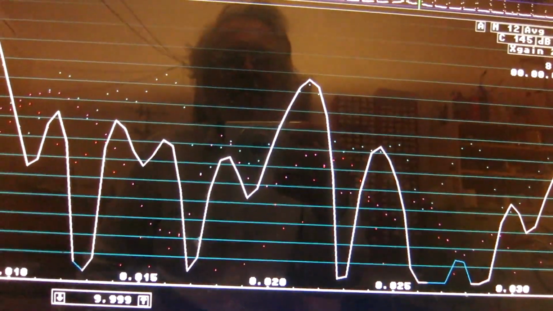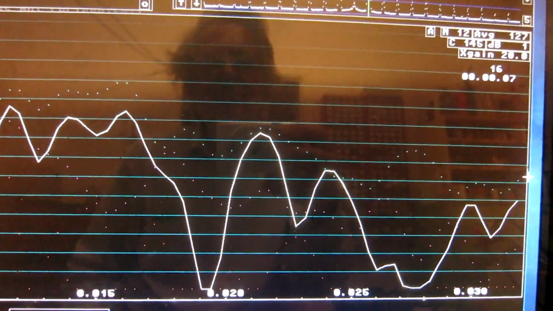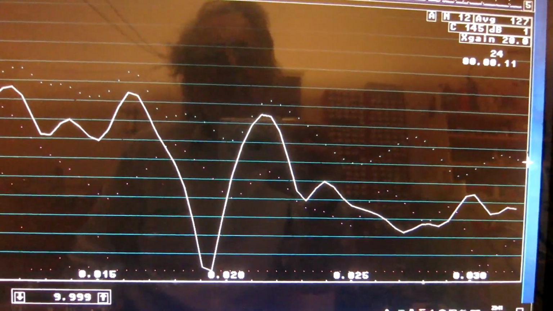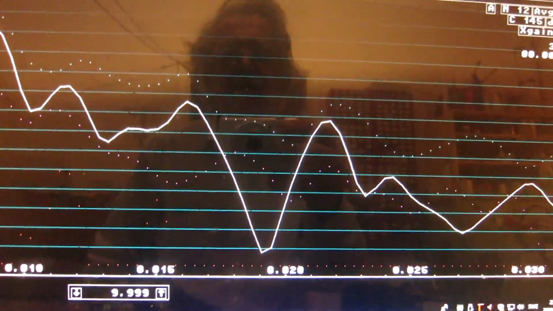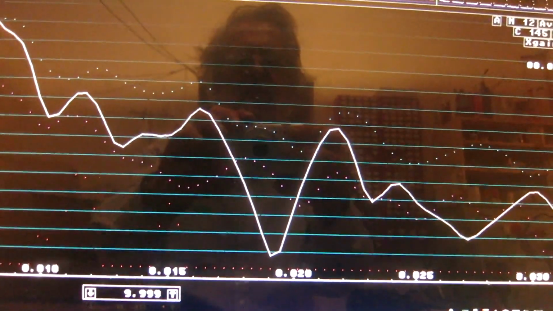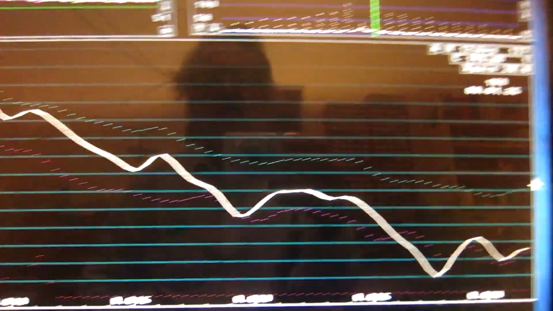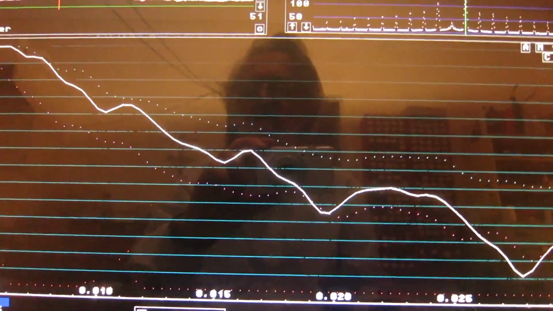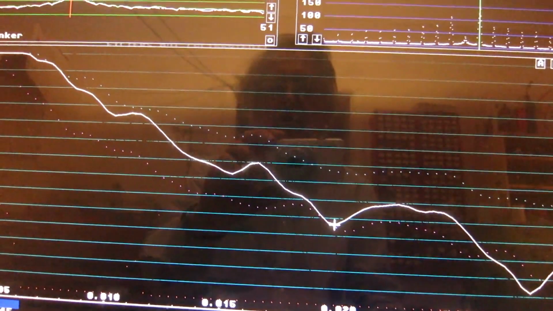And this is 8 averages, 16. And I wait a little bit longer because this is obviously not yet a valid reading. This is 1 minute and 25 seconds, and the error is about 1.5 dB.